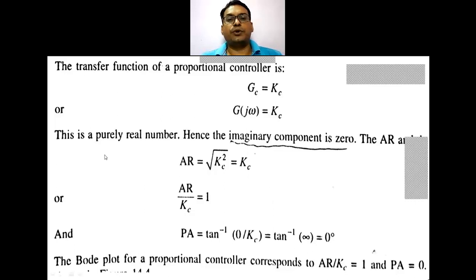So this is purely a real number, hence the imaginary component is 0. The amplitude ratio is only the square root of Kc square. And tan theta is nothing but 0 upon Kc, which is equal to tan inverse of 0, that comes as 0. So this is related to the proportional controller.